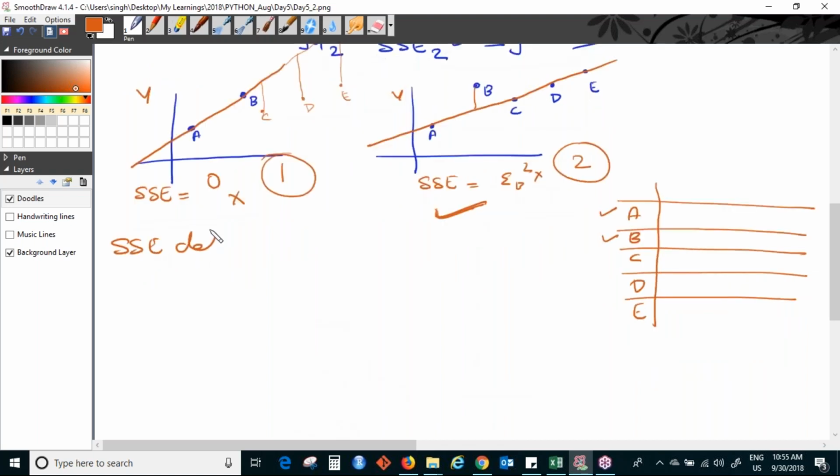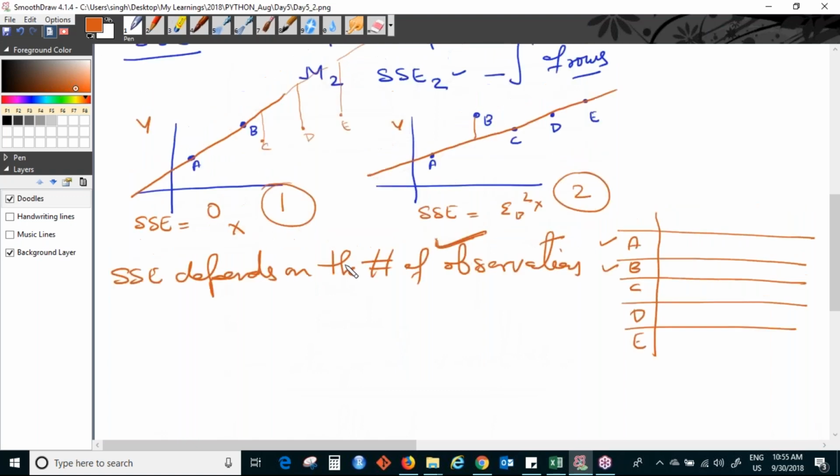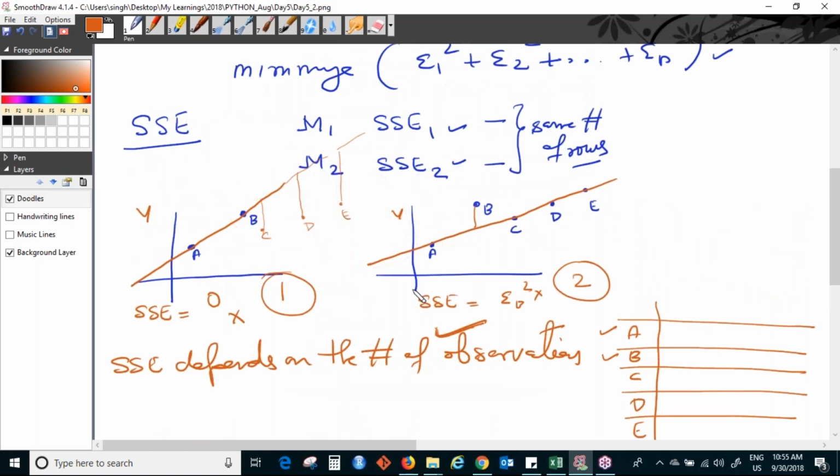SSE depends on the number of observations. So if somebody has taken less number of observations, obviously his error will be lesser. And if somebody else has taken more number of observations, obviously his or her error will be more.